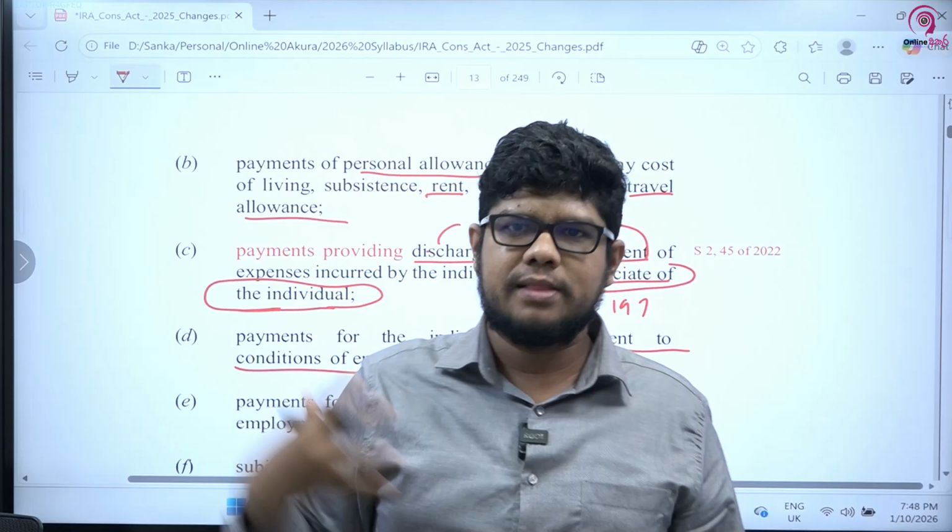As an employee, retirement payments received in respect of employment, that is your income as employee, employment income.